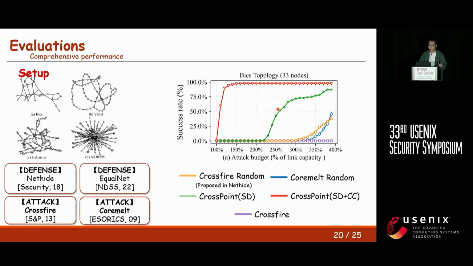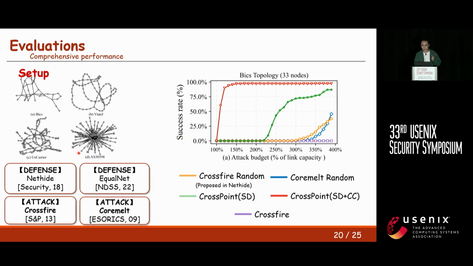Next, we launched several comprehensive experiments with simulations in different large-scale topologies and other parameters like different robustness levels and protection levels. Here we give an example of different budgets and the success rate of our attacks.